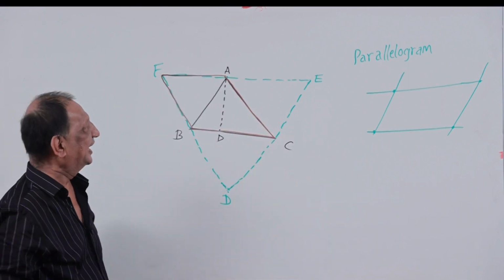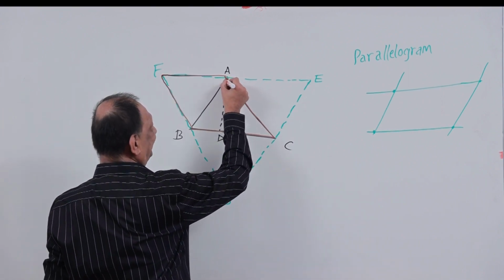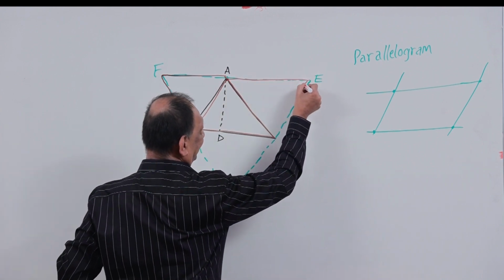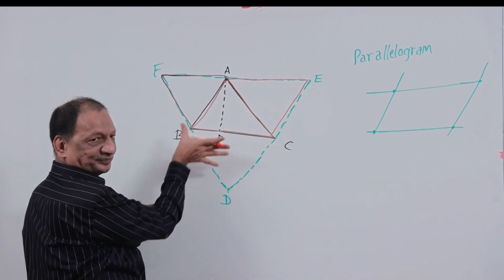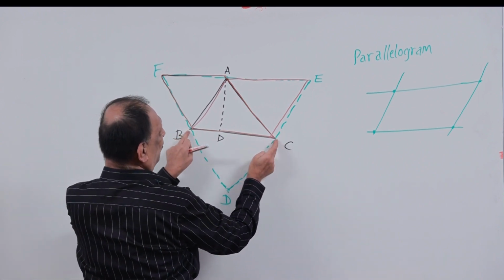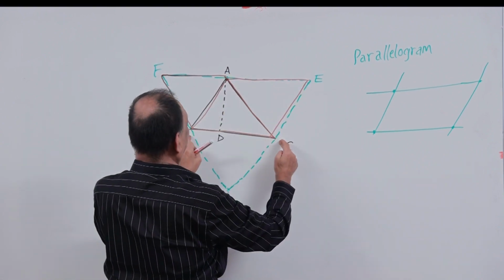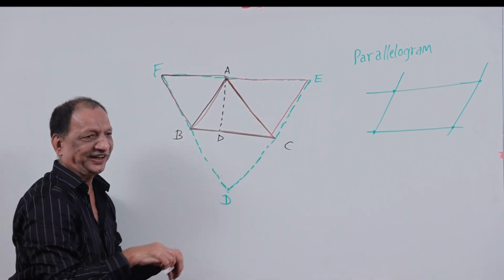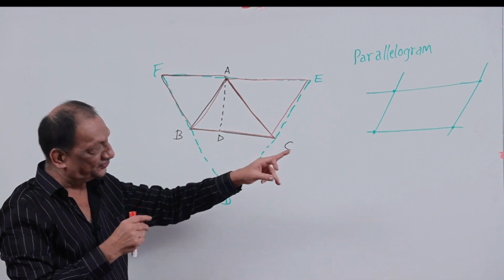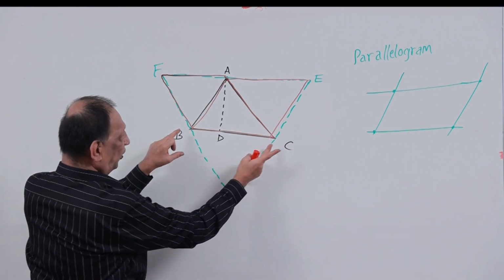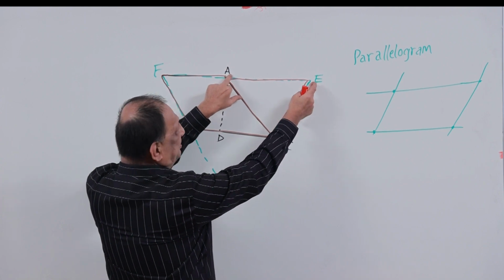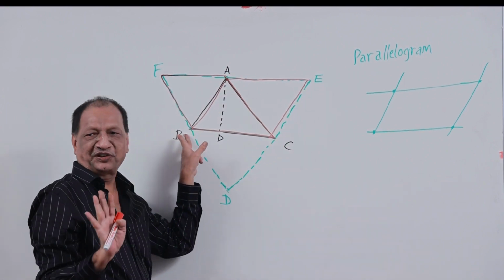I got one more parallelogram, which is ABCE, correct? So now you can see I got two parallelograms based on BC, one which goes to AE, the other which goes to AF, correct now? In each of these parallelograms, opposite sides are equal, we know that. Therefore, BC's opposite side is AE, so AE must be equal to BC. No questions on that.